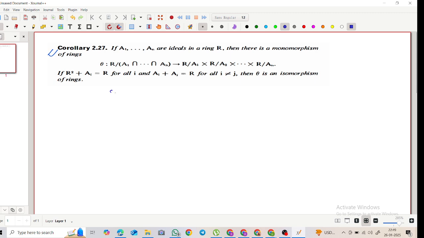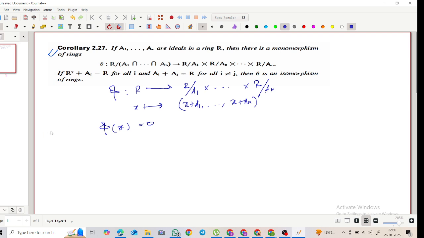Let's take phi first from R to the product. If phi(x) is 0, so x belongs to ker phi, this implies (x + A1, ..., x + An) is 0.